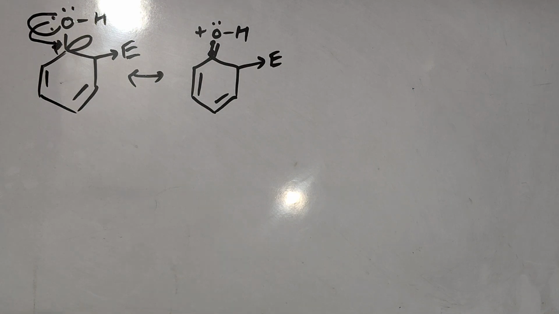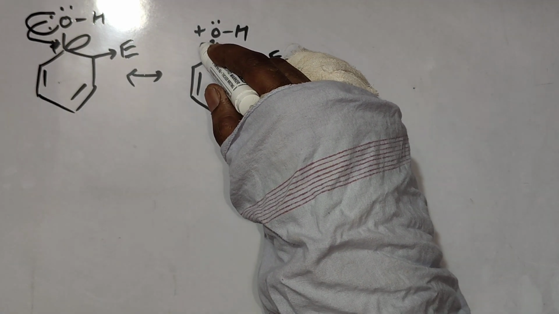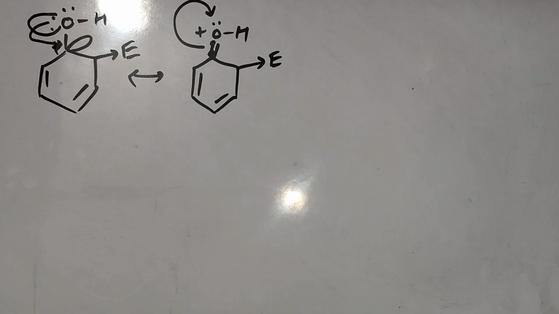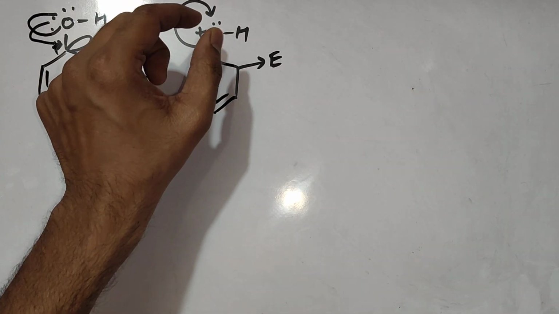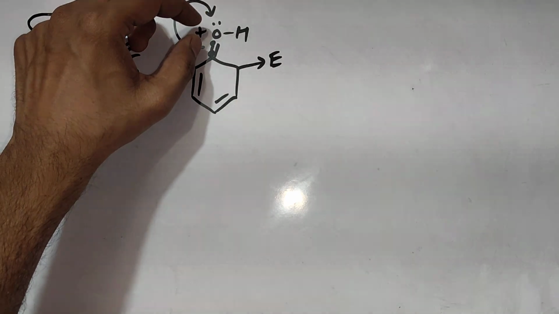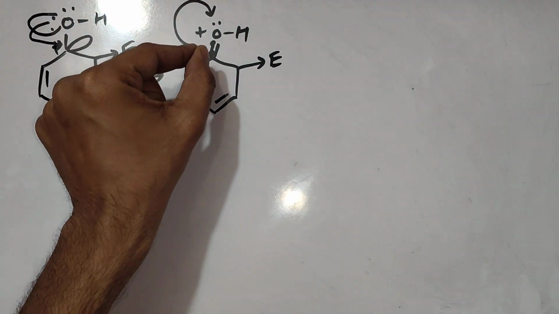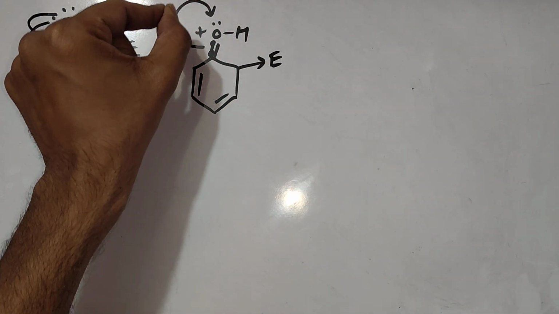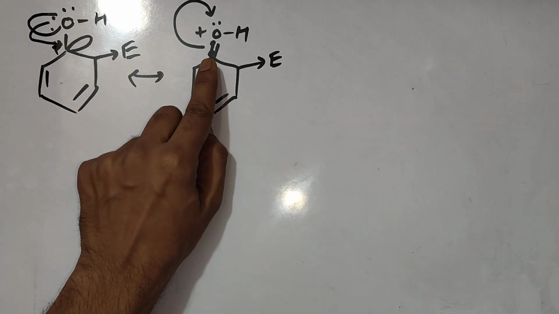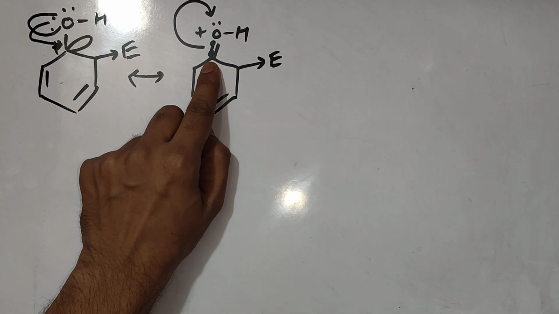No, definitely oxygen will bring its electron back like this, because oxygen can never be in this condition all the time. Positively charged oxygen is highly unstable. So definitely it will bring its electron back like this. And again the vacant orbital will generate over this carbon and the carbocation will generate.